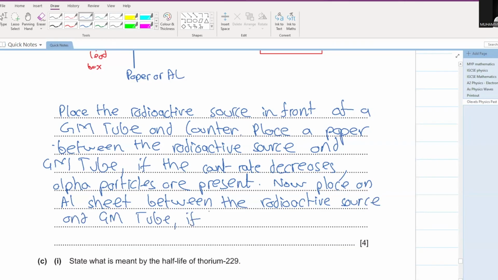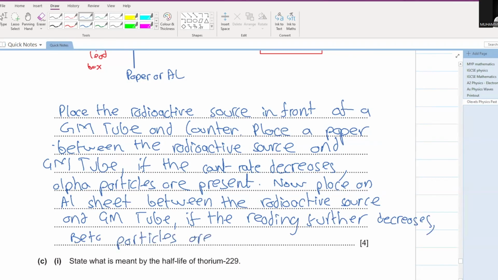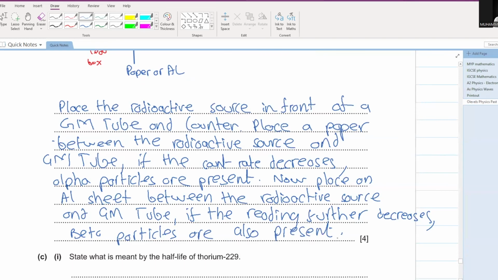If the reading further decreases, beta particles are present as well. Let's write it completely: if the count rate further decreases, beta particles are also present. Perfect. Let's further move ahead.